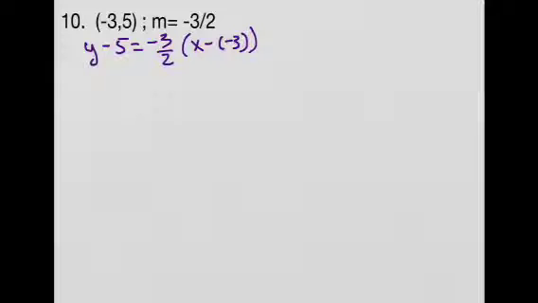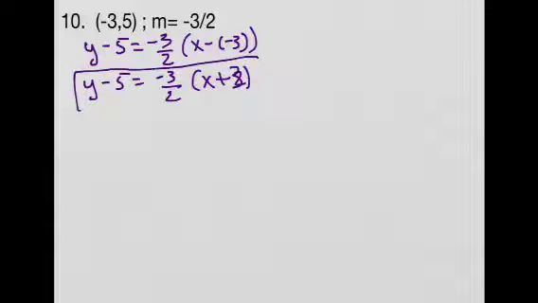So we'll simplify that. So y minus 5 equals negative 3 halves x plus 3. And so that's the equation in point slope form. So let me just fix that like that.